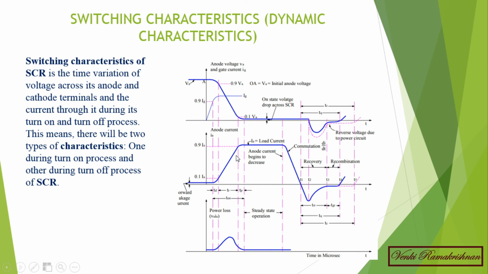As shown here, turn on time comprises TD, that is delay time, TR, rise time, then TP, spread time. Delay time is the time taken by the thyristor to go from forward leakage current to 0.1 times of full load anode current, that is 10% of full load current.